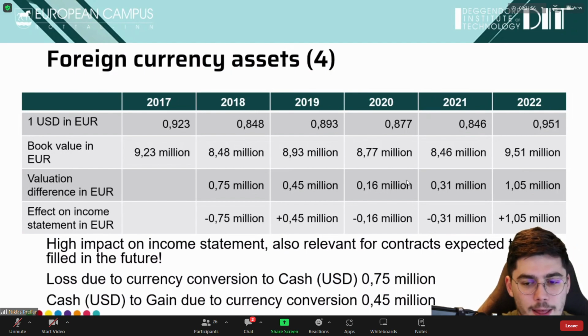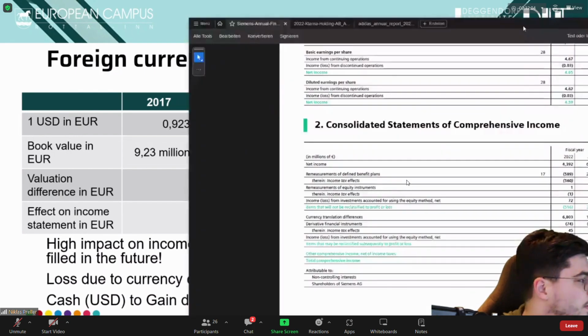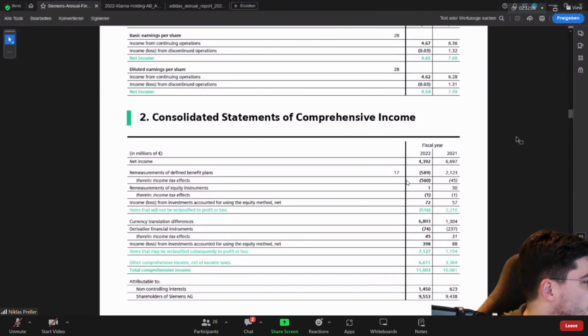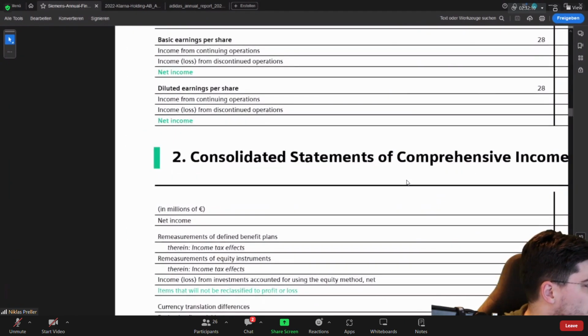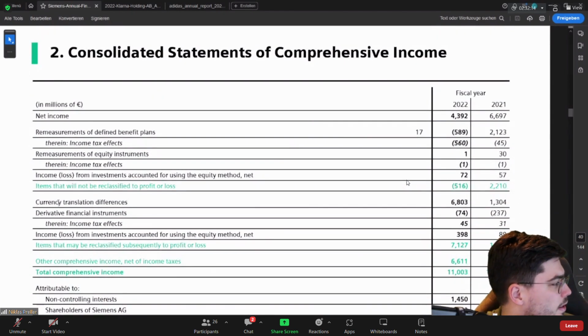So just to show you that, I won't introduce that in this lecture, but this is from the annual report of Siemens. We have something called the consolidated statement of comprehensive income, and there we have currency translation differences.